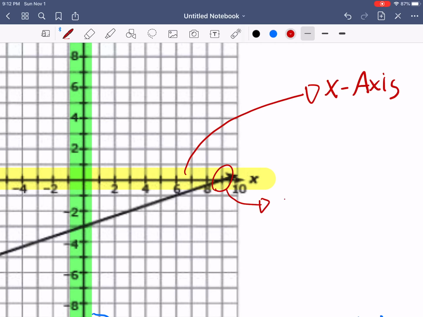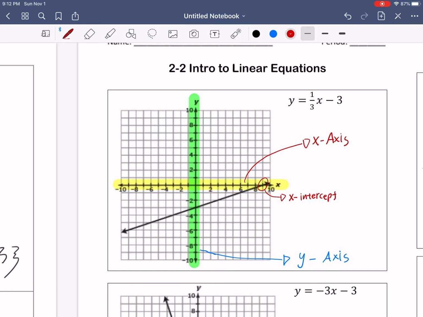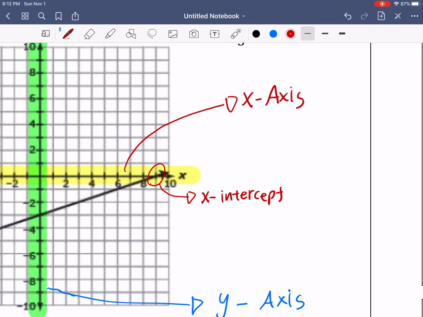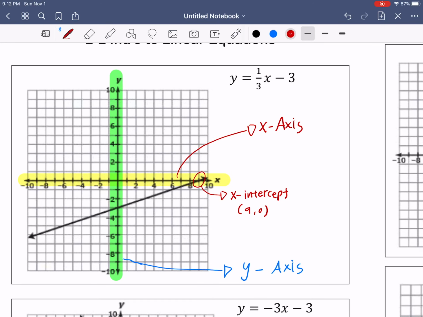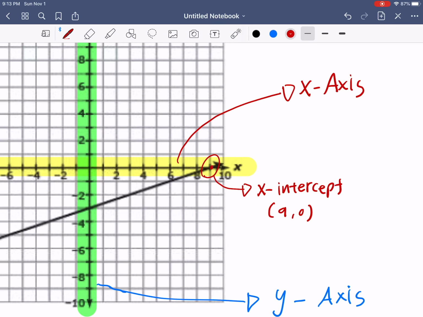This one is what we call the x-intercept. And this graph touches the x-axis at what? 9, 0.